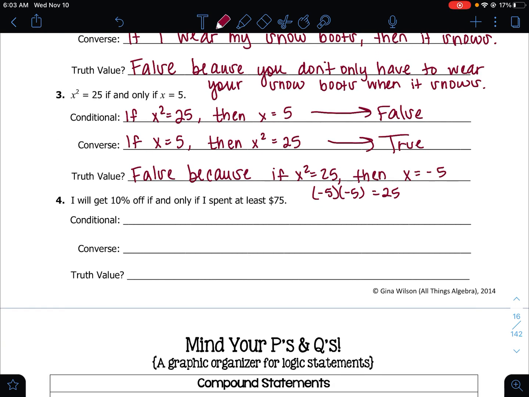All right, number 4. I will get 10% off if and only if I spend at least $75.